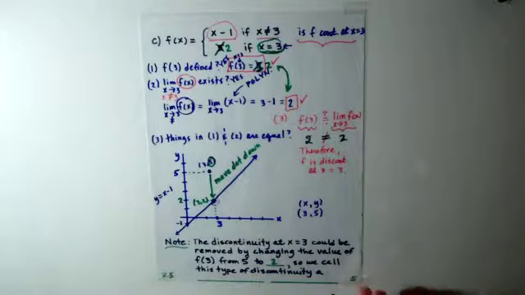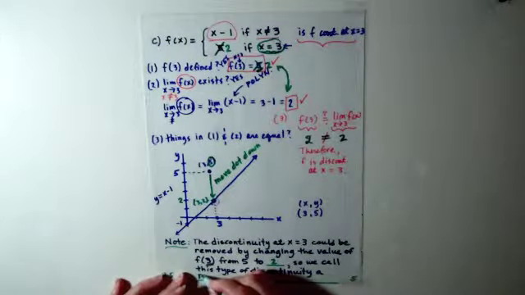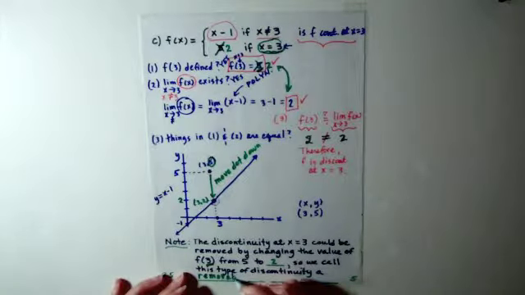If it's possible to remove the discontinuity by simply redefining f at a single x value, like we did here, we changed f of 3 from 5 to 2, we call this type of discontinuity a removable discontinuity.